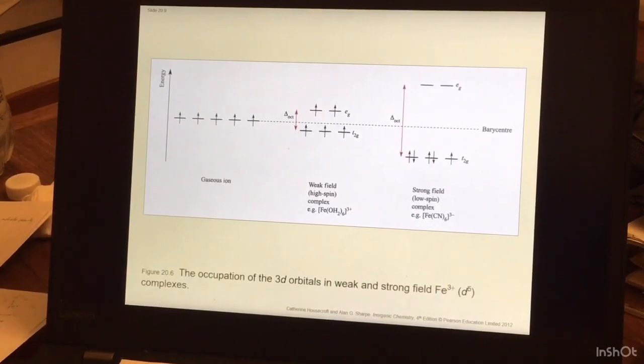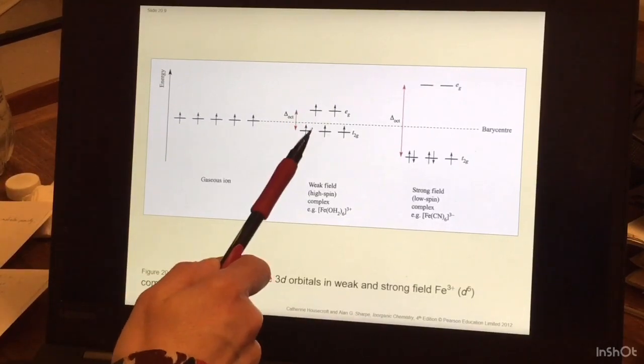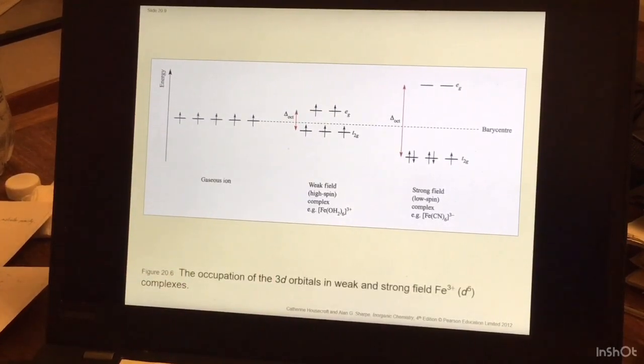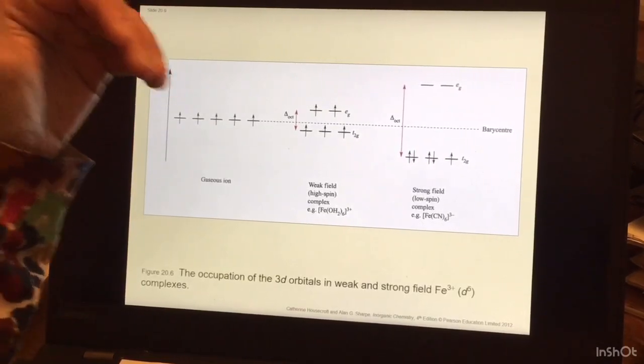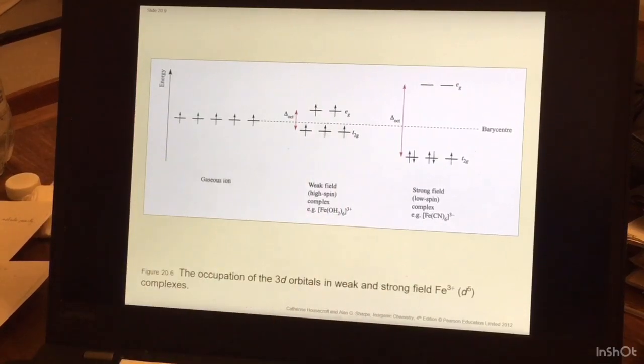On the other hand, with a weak field ligand we have the opposite. If it's weak field, that means the delta oct is much smaller, so the electrons will have enough energy upon coordination to be spread out over the t2g and the eg sets.